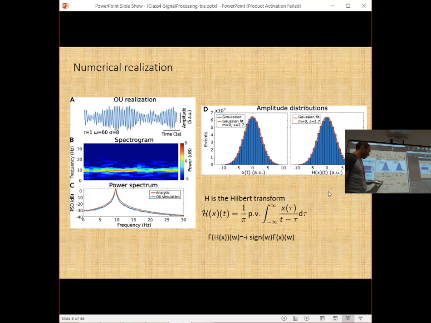You do this transformation, you see that this is exactly i, you multiply i and sine omega. If omega is positive or negative, there's a sign, which is minus 1 if it's negative, plus 1 if it is positive, and then you have the Fourier of the function x. So this is the Hilbert transform that you have to put here.